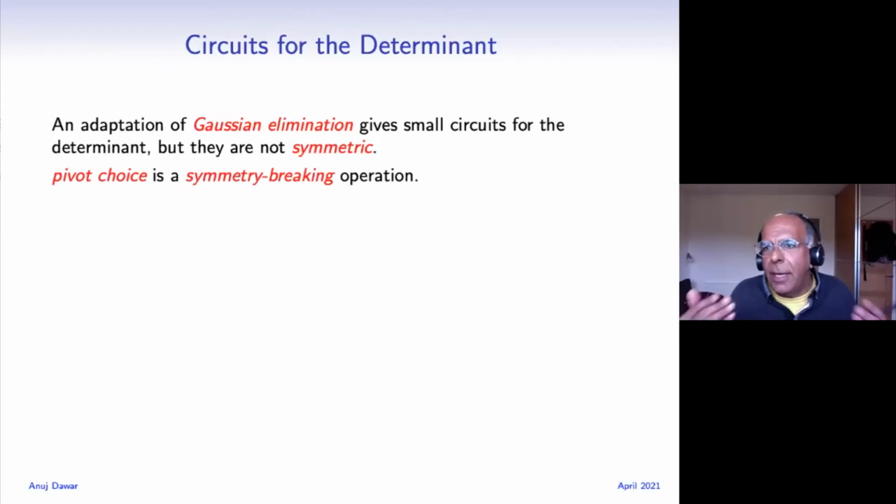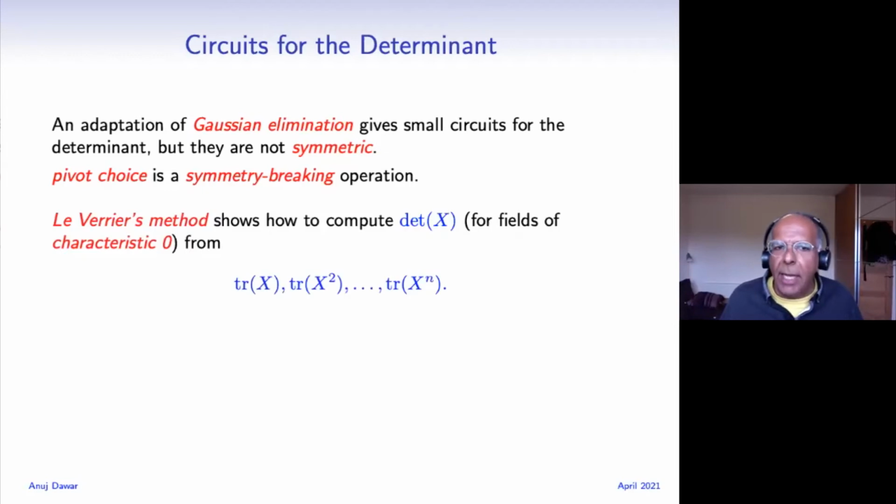I mean, it doesn't matter which pivot you choose. Ultimately, the algorithm converges to the same answer. But the choice of a pivot is a symmetry breaking operation. To do it symmetrically, you could do them all in parallel, but this leads to exponential size circuits, and we can prove that. Okay. So Gaussian elimination doesn't give us symmetric circuits. There is something else we can do.